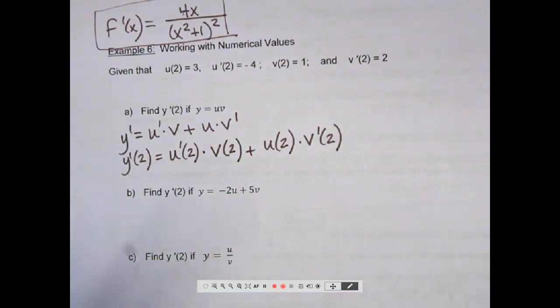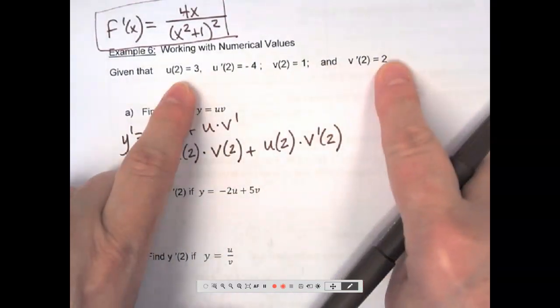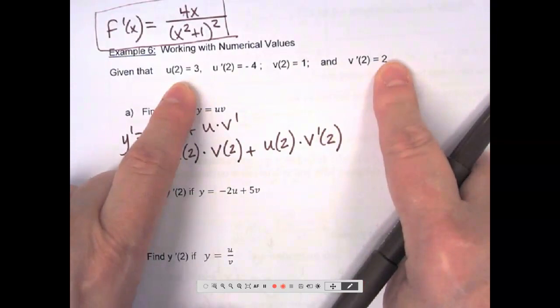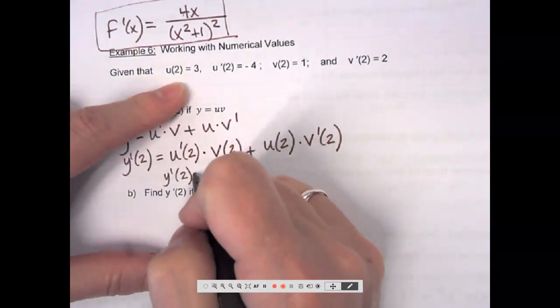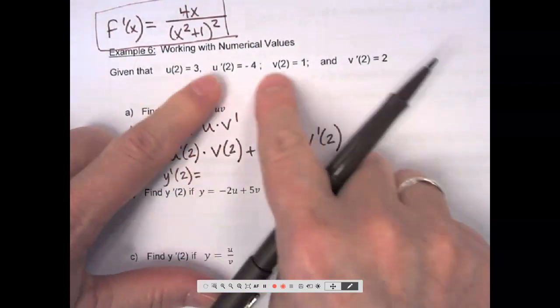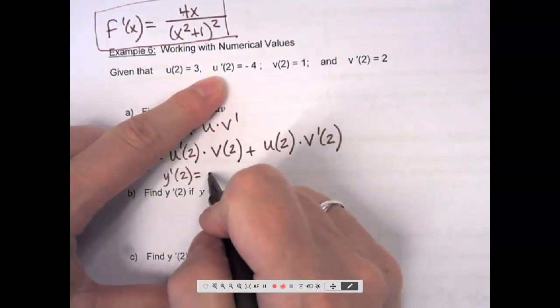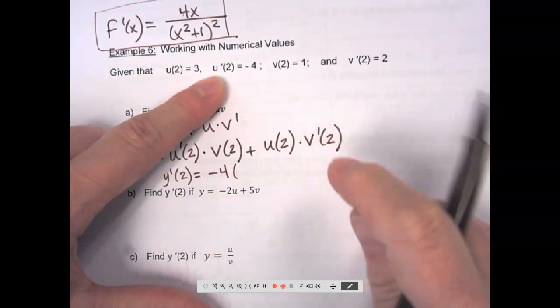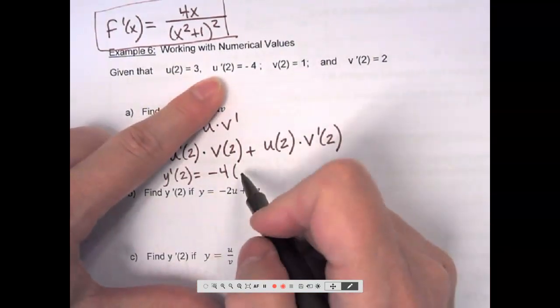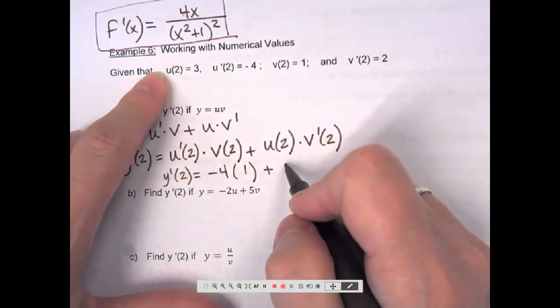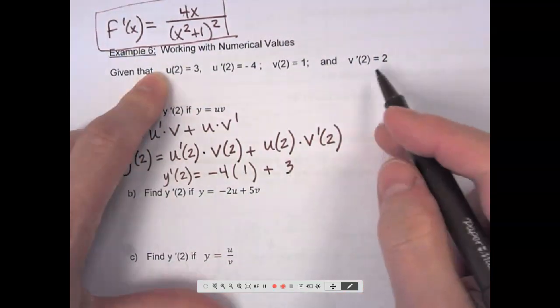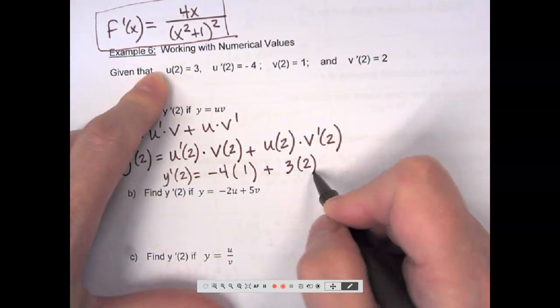Okay, but even without knowing what the u and v functions are, we are given the values that we need up here, so I'm just going to sub them in. So y prime of 2 will equal u prime of 2, which is negative 4, times v of 2, which is 1, plus u of 2, which is 3, times v prime of 2, which is 2.